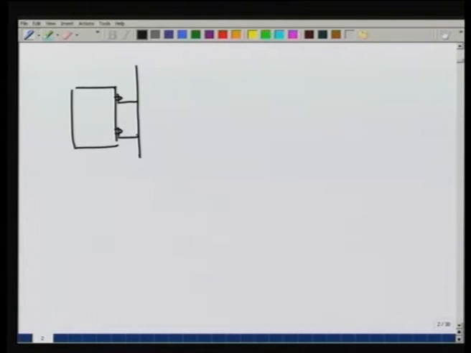Let the weight of this gate be W, let its width be b, let the distance between the supports be h, and let this distance from the support wall to the point where the gate is supported be a.